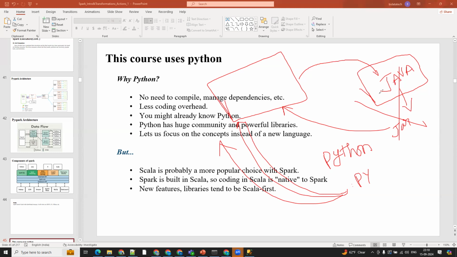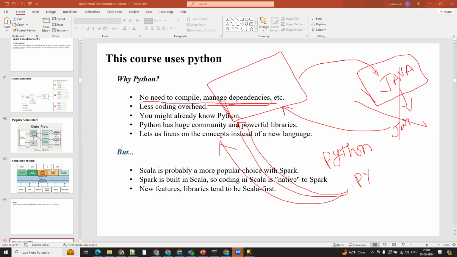I'm not saying Java language, Java objects. Python objects will be converted into Java objects, ultimately. That is my first point: no need to compile. You don't need to compile the Python files.